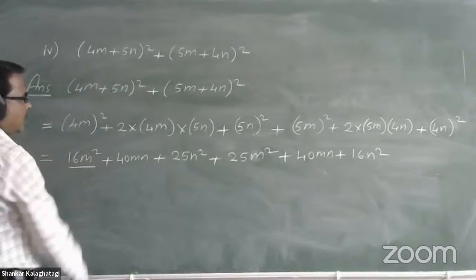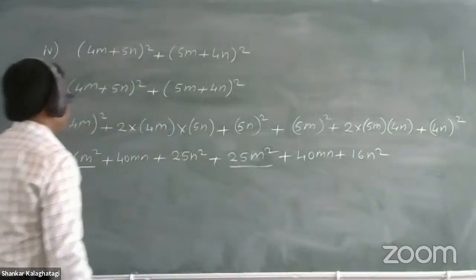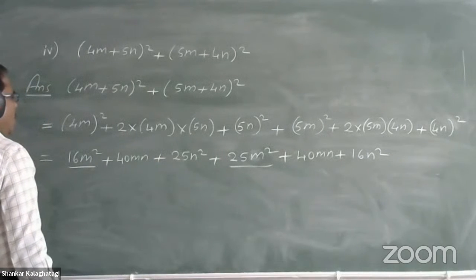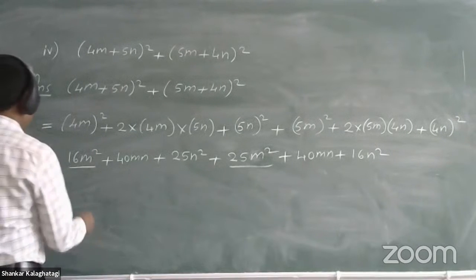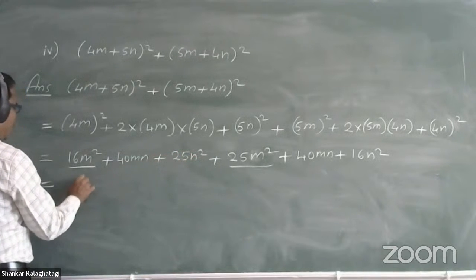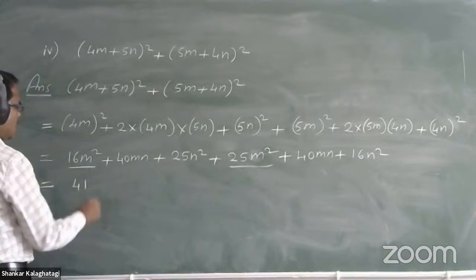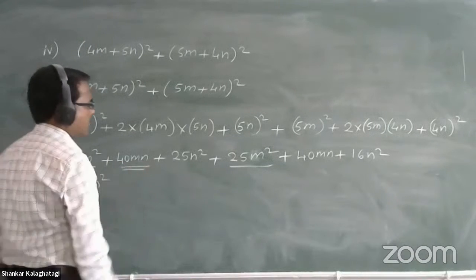Here 16m² is there, here 25m². 16 plus 25, so how much is it? 41, correct? 41m² plus 40mn.